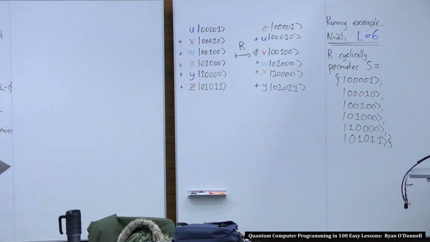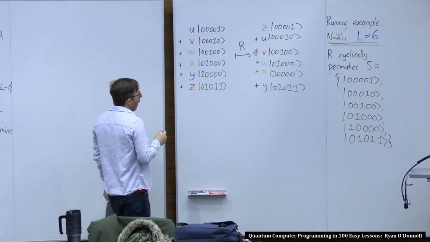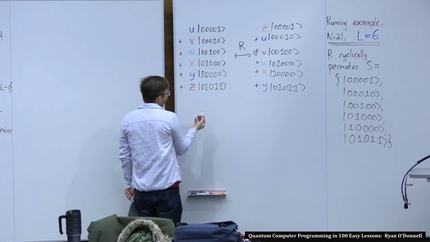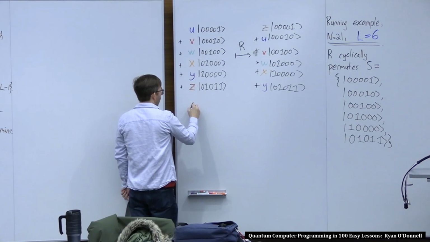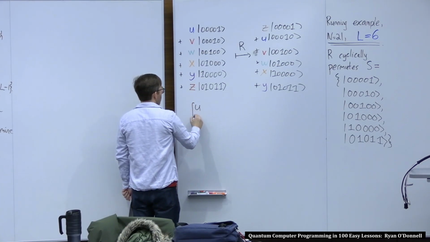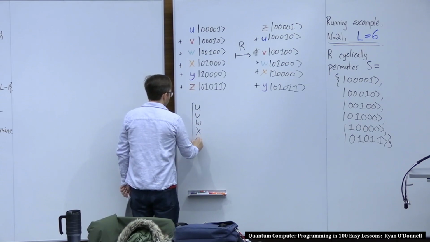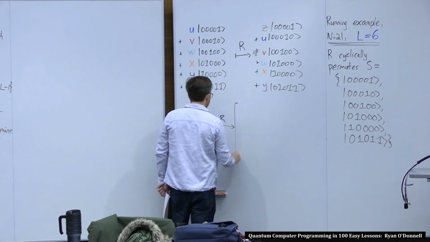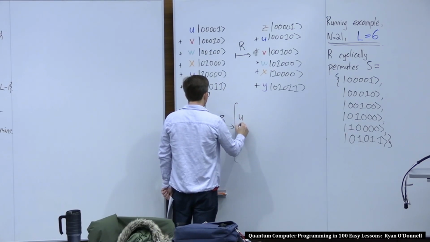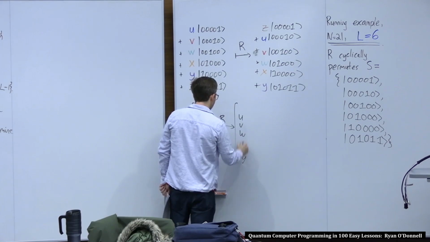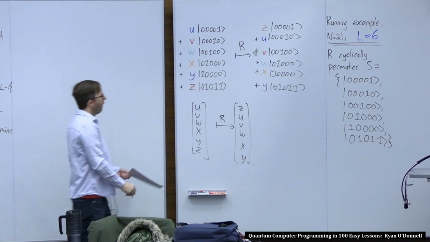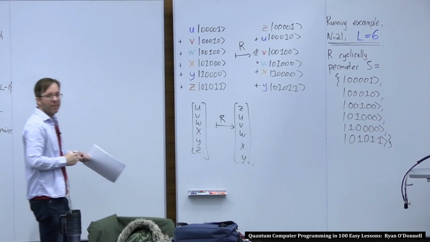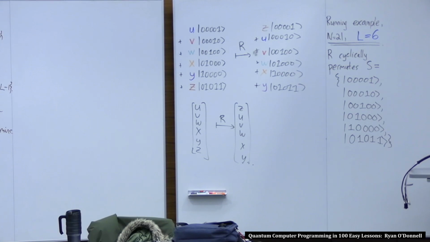Okay, so what we're going to start to do now is write our most general states as height L, or in this case height 6, column vectors, at least temporarily. So I won't do the colors, but we're just going to write it like this. R acts by cyclically shifting this down. Basically, what I'm trying to get across is that we can now just pretend everything is happening in 6 dimensions, or L dimensions.